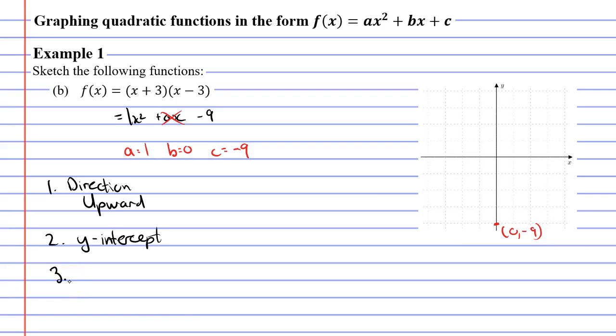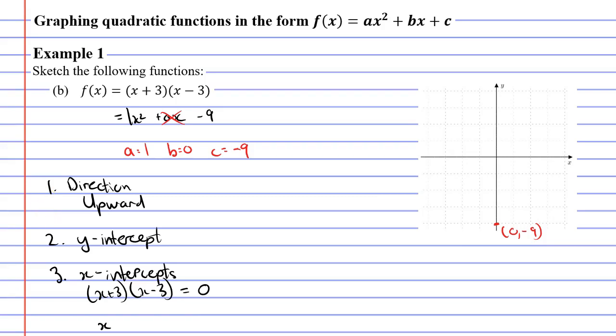The third thing we're going to look at are our x-intercepts. The x-intercepts occur when we make the function equal 0. Now we actually have the function in two different forms. It's always best to take the function in the factorized form. So we'll take x plus 3, x minus 3, and make this function equal 0.